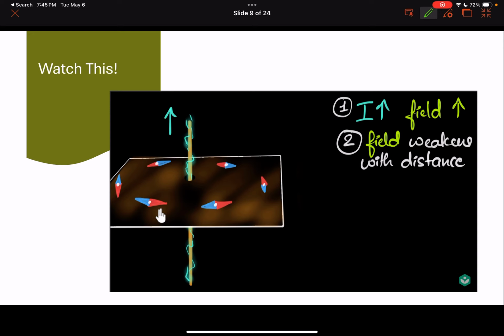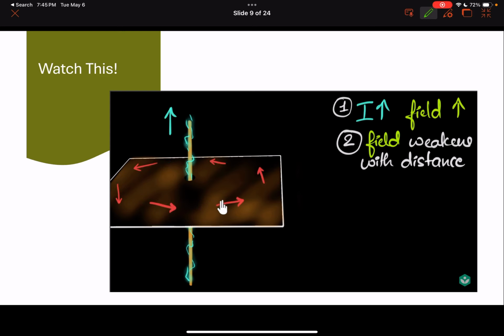Now remember, we define the direction of the magnetic field as the direction in which the north pole points. So over here the magnetic field is this way, over here the magnetic field is this way, and so on. And so if we replace these needles with arrow marks that represent the direction of the magnetic field, it would look somewhat like this.